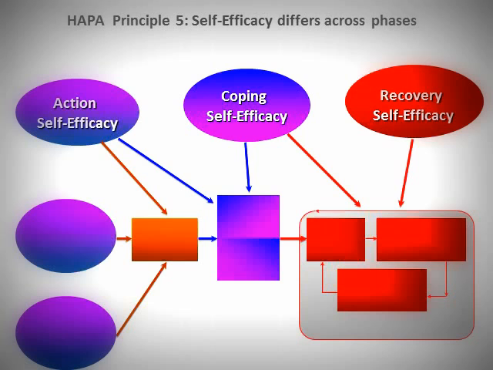Therefore, we distinguish between action self-efficacy, coping self-efficacy and recovery self-efficacy. Some authors prefer the term task self-efficacy instead of action self-efficacy, and maintenance self-efficacy instead of coping and recovery self-efficacy. Whatever the preferred term is, important is the feature of phase-specific self-efficacies.